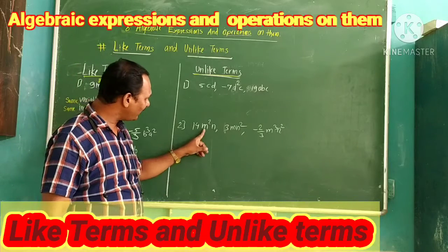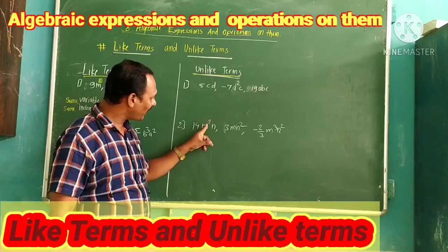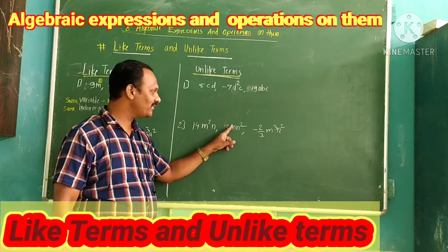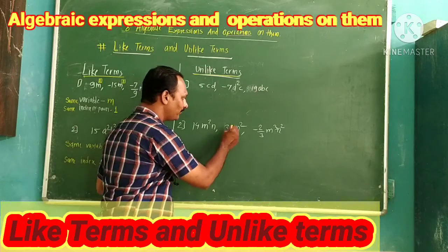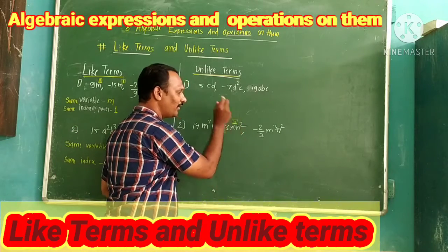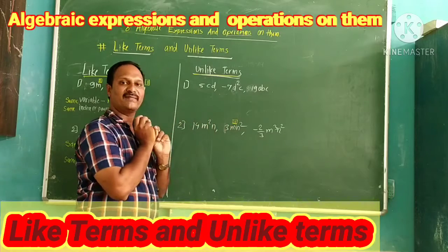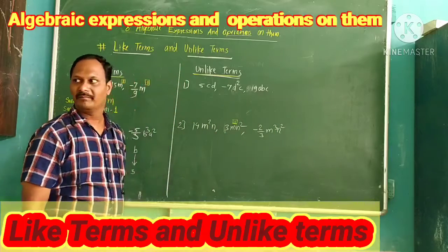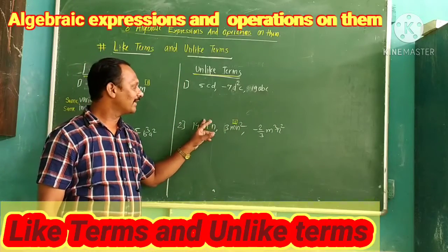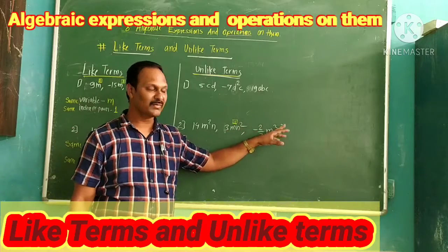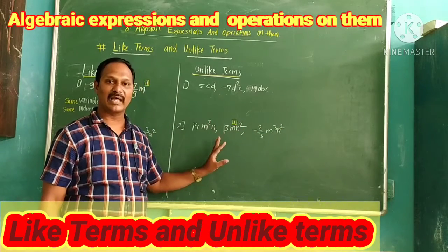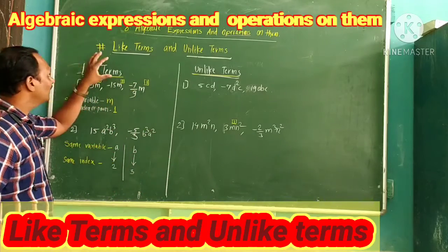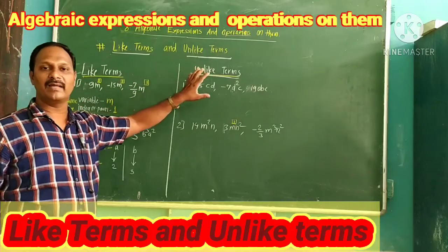Now you see, the power of m is 2 here, while in the next term there is no number, so the power is 1. That is not the same. Here the power is cube, so their powers are not the same. So this is also called unlike terms. Okay, so that is the difference between like terms and unlike terms.